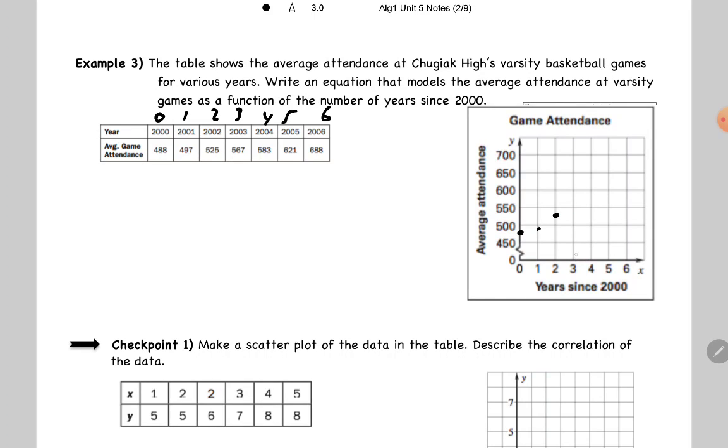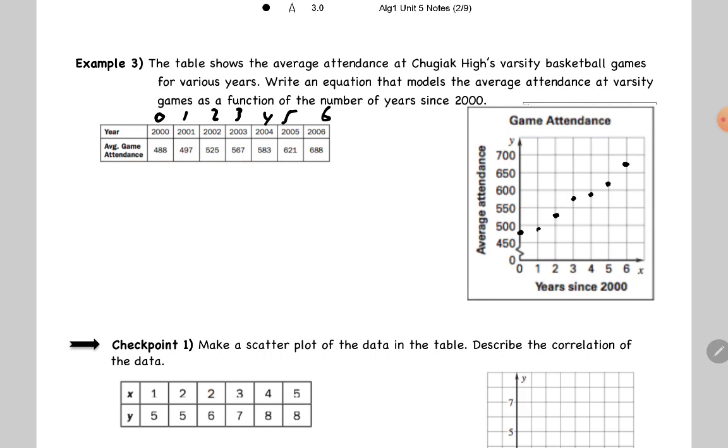And then 3 years, 567. 4 years, 583. 5 years, 621. 6 years, 688. Okay, so this is a positive correlation, but they're not asking for correlation.